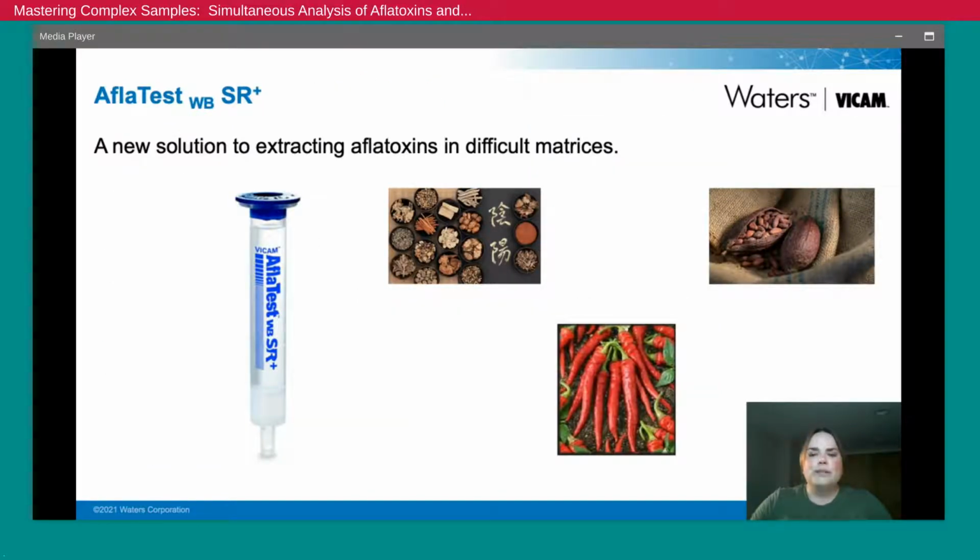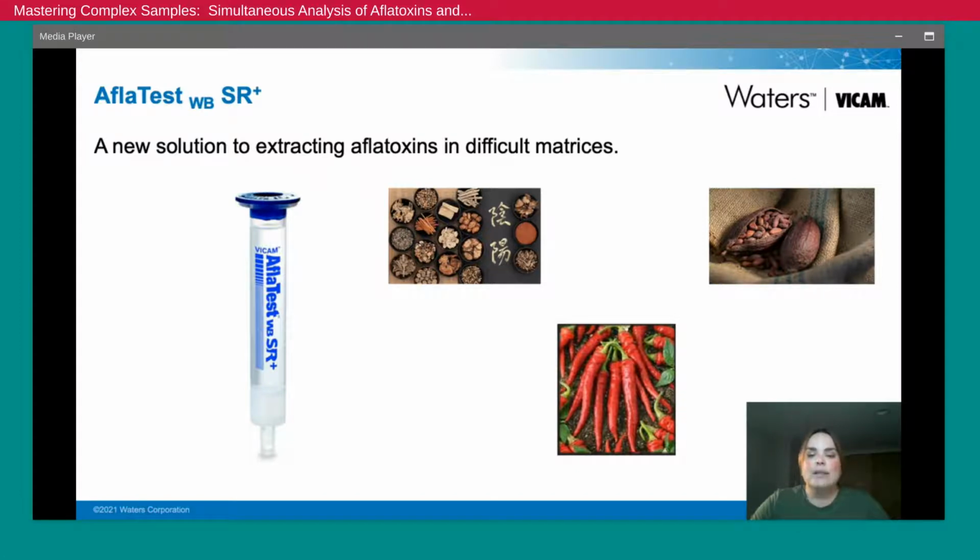As we have discussed, aflatoxins are carcinogenic mycotoxins that have adverse health effects on both humans and animals consuming contaminated food and feed. A method has been developed for the highly sensitive and selective determination of regulated aflatoxins in a wide range of commodities.